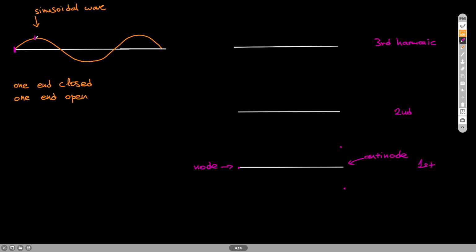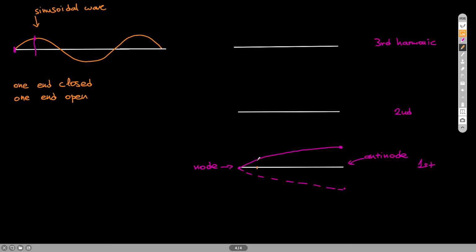So I'm going to take this portion of my wave from here to here, and I'm going to stretch it, and make sure that it fits here. This is what the first harmonic looks like when you have a closed end and an open end.